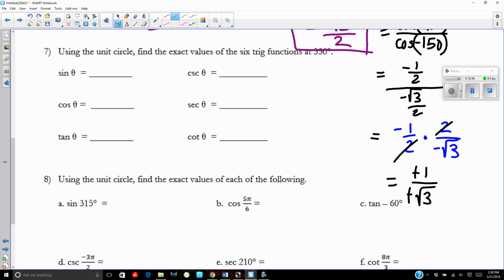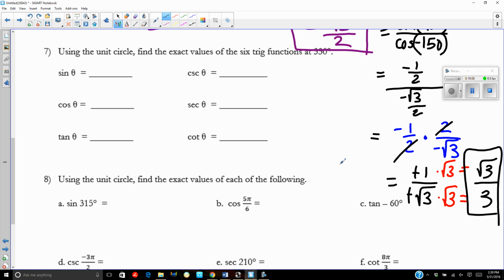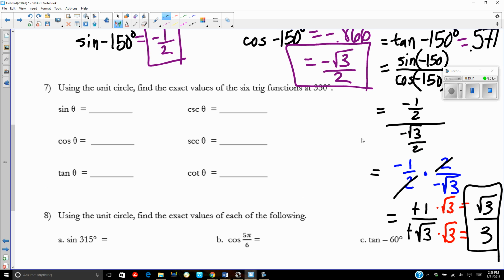And then last but not least, get rid of the radical on the bottom, rationalize the denominator. So we're going to multiply the bottom and the top by radical 3. So radical 3 over 3, if you type that in your calculator, it should give you the decimal we got up here.